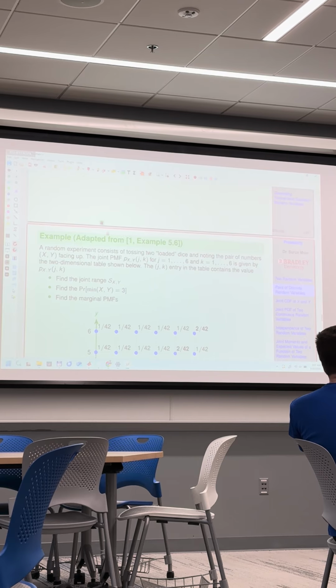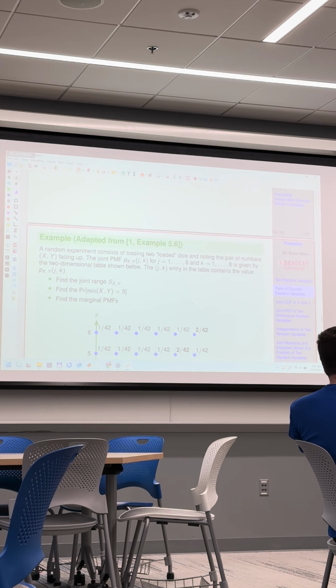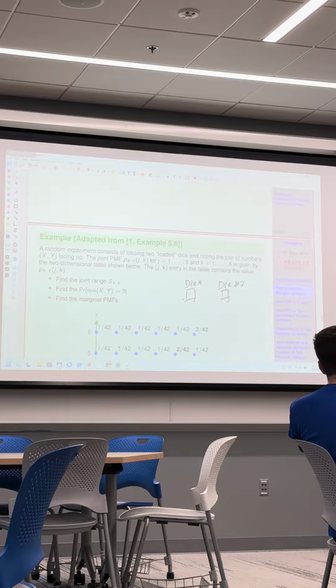Loaded dice means that you have two dice, you put one here, die 1, and die number 2, and each die has 6 faces, 6 dots, and the number of dots is given right here. For the first die, which is the first argument, the number of dots is denoted with J, and the number of dots facing up for the second die is denoted by K.